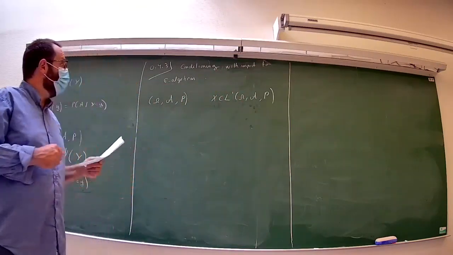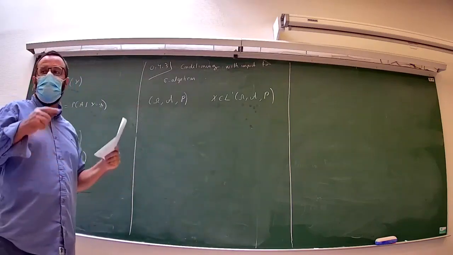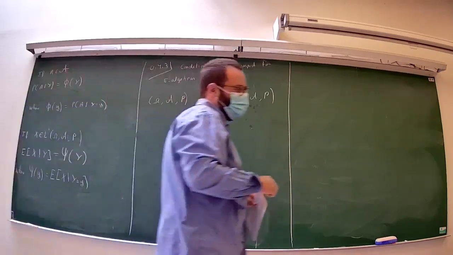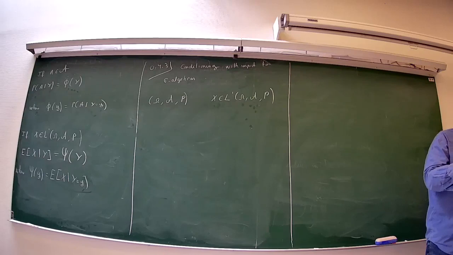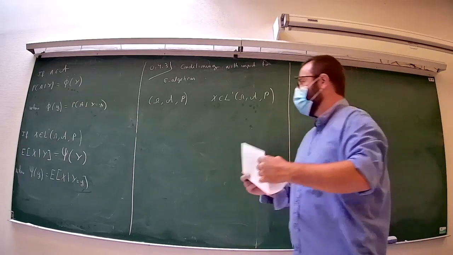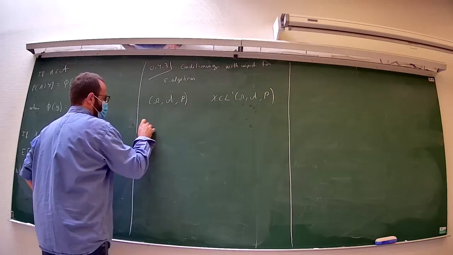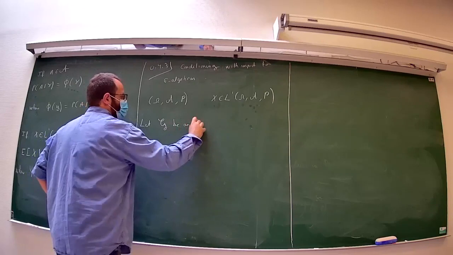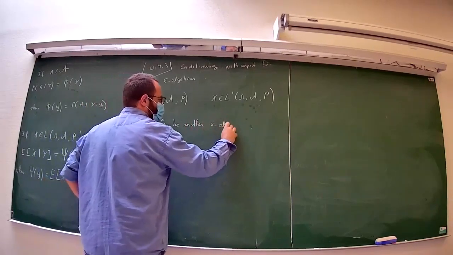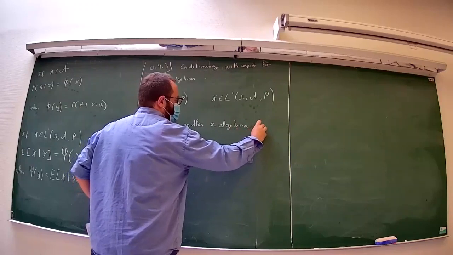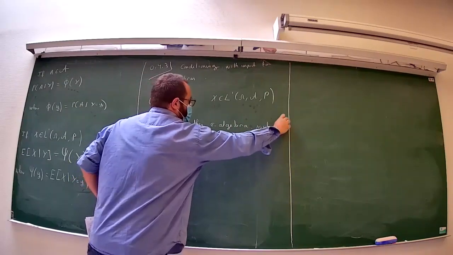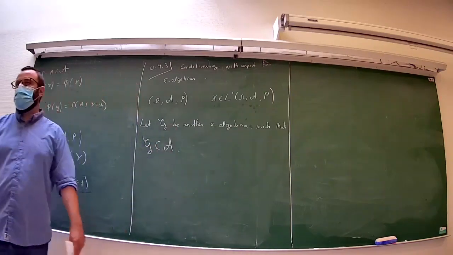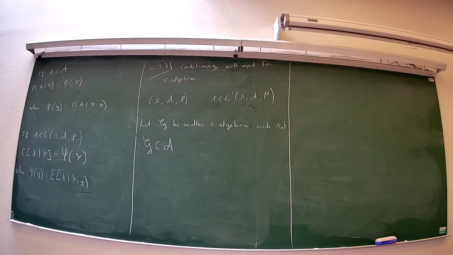In the case of the conditioning with respect to a sigma algebra, we are going to consider a new sigma algebra, another one. Let J be another sigma algebra such that I want it to be included in A.